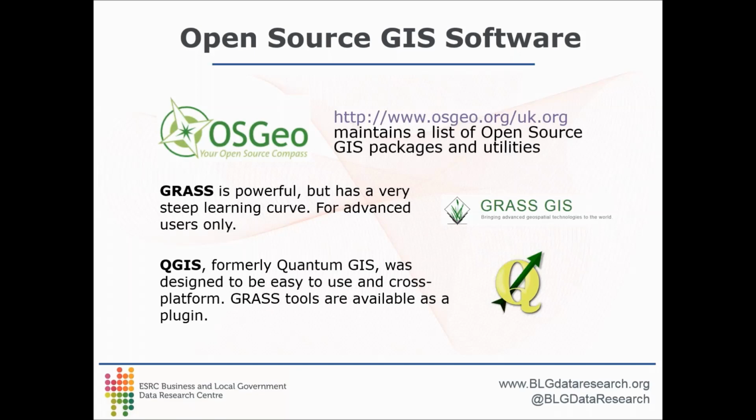You can now start to access tools from software like GRASS from within it. So it's become a much better window into a much wider range of different sorts of processing capabilities. And you could go to the OSGeo website or just use a search engine, look for QGIS, and you would find details of it.